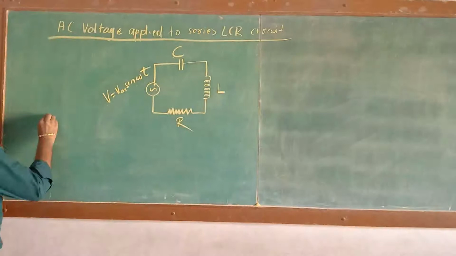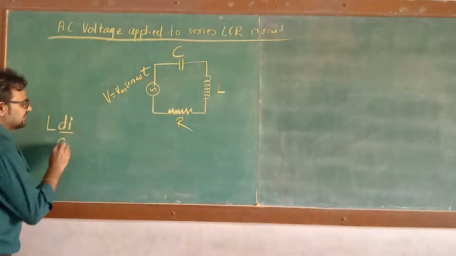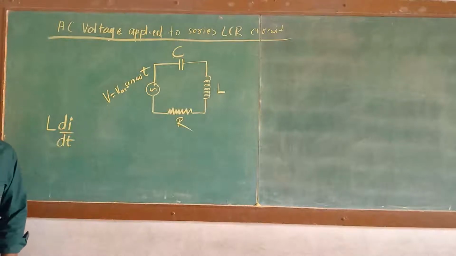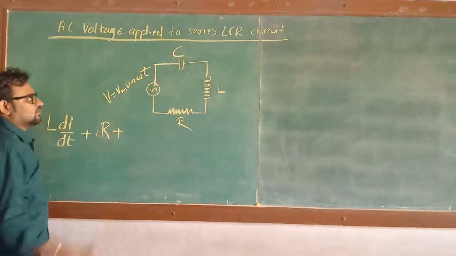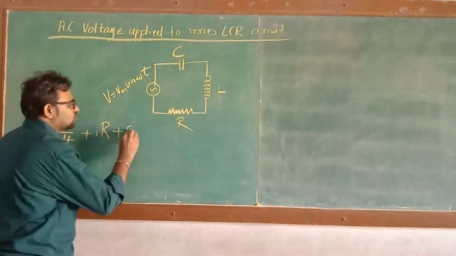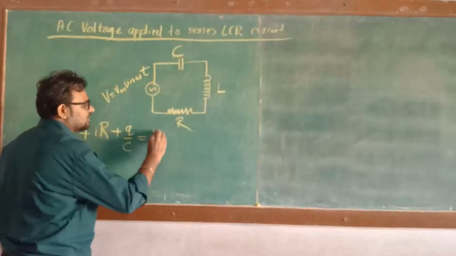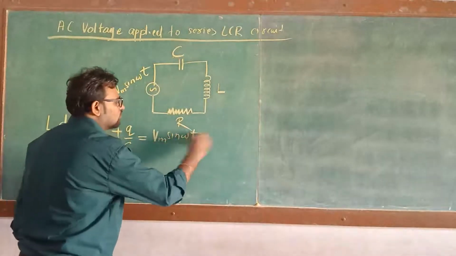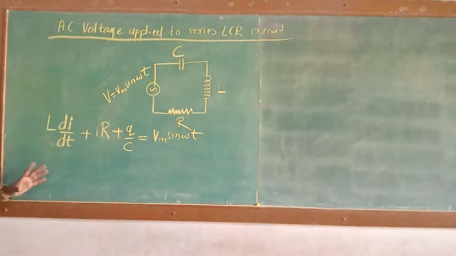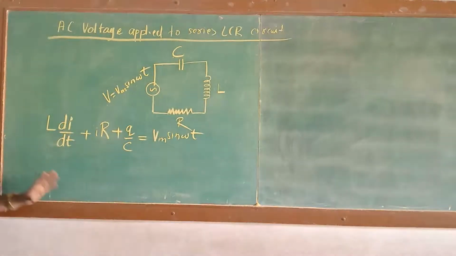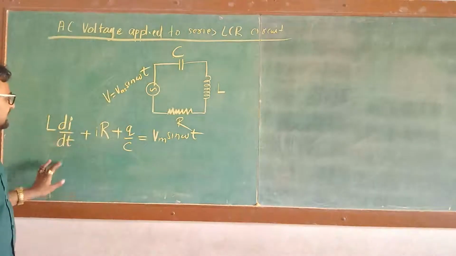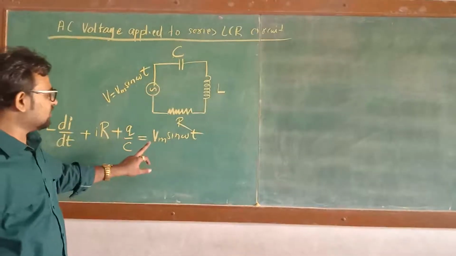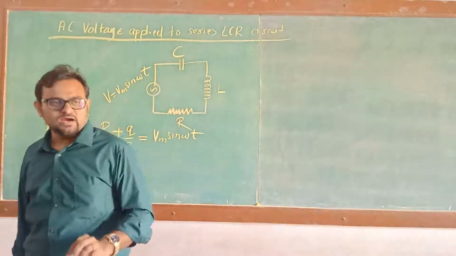So I can write it as L di by dt, the voltage drop at the inductor, plus IR, the voltage at the resistor, plus Q by C, the voltage at the capacitor. This will be equal to Vm sin omega t.